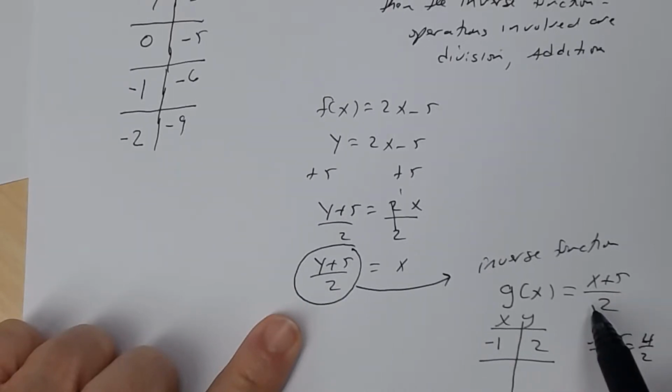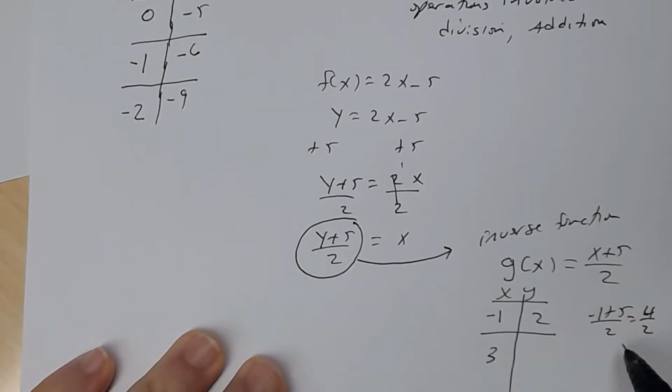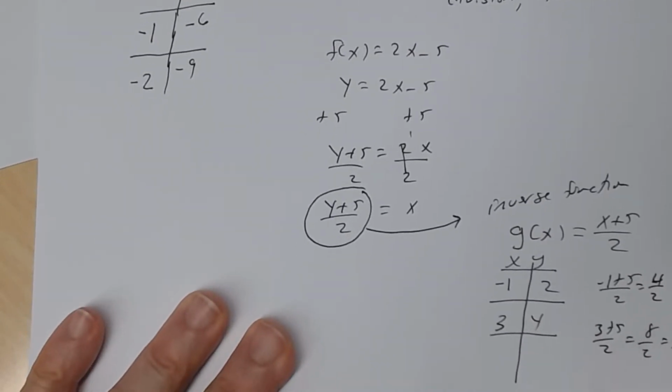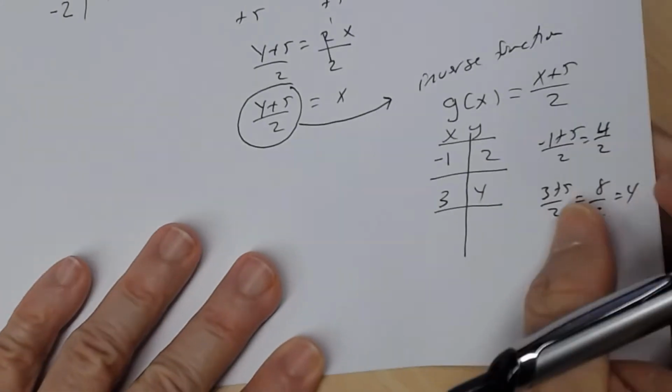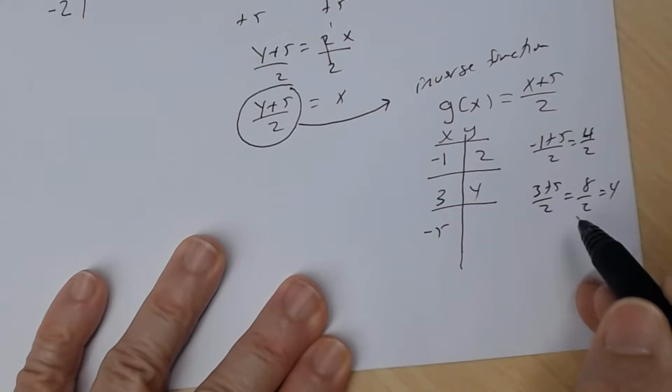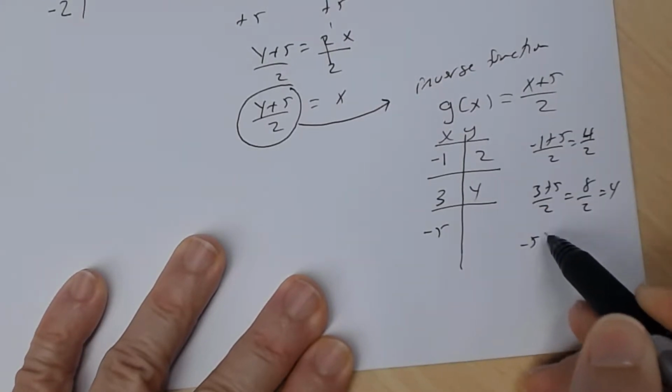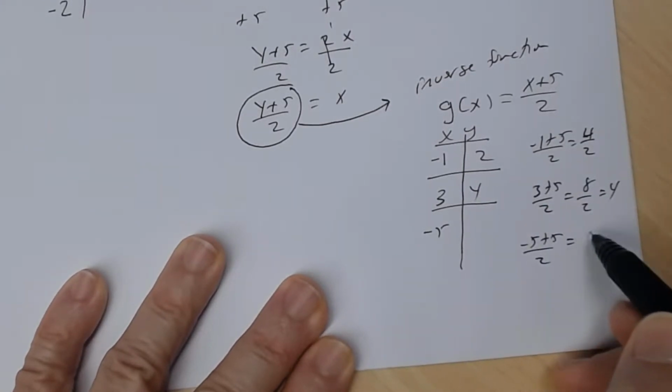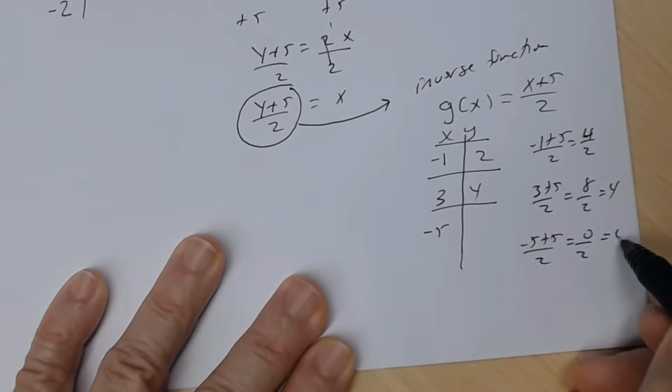If I let x be 3, then I get 3 plus 5 divided by 2, which is 8 divided by 2, which is 4. So I get the point 3, 4. If I let x be negative 5, I get negative 5 plus 5 divided by 2, which is 0 divided by 2, which is 0.